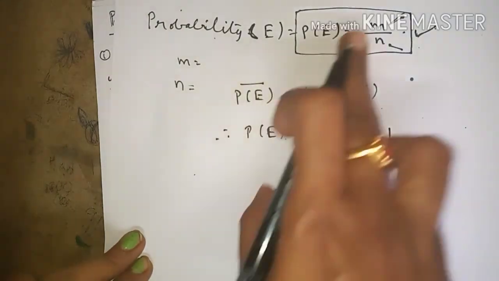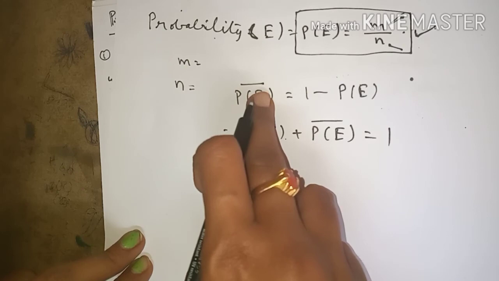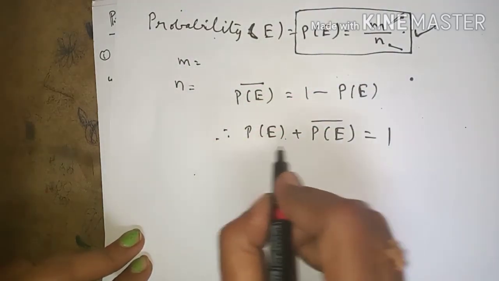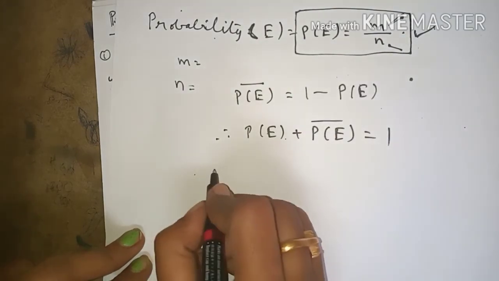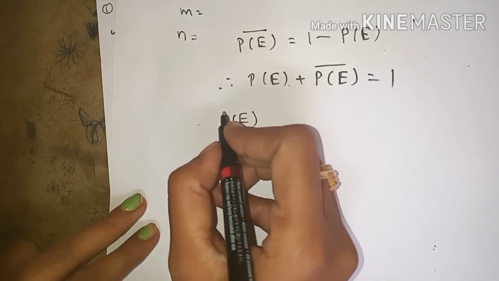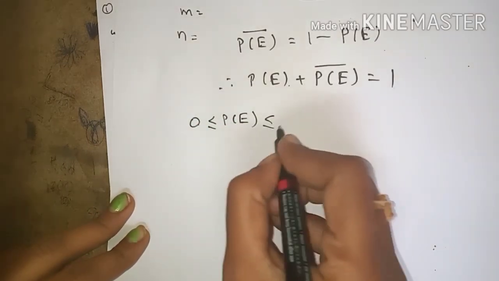Probability of happening of an event is denoted by P(E), and probability of non-happening is denoted by P(E bar), which is 1 minus P(E). P(E) plus P(E bar) is always 1. Always remember, probability of happening, occurrence or success always lies between 0 and 1.